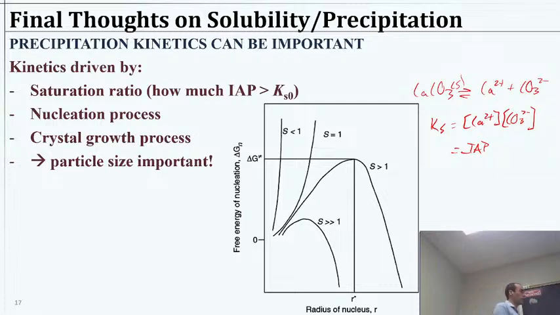If the free energy is negative, that is highly spontaneous, right? When we are not supersaturated, we have a very positive free energy, meaning it's not at all spontaneous, right? At saturation, where the saturation ratio is 1, it's not particularly spontaneous.